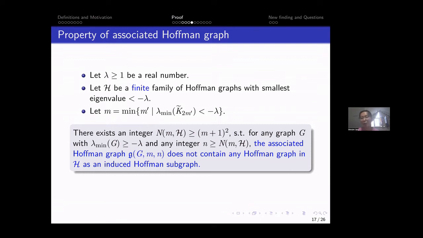This is how we give a relation between Hoffman graphs and graphs. It means that if the graph has smallest eigenvalue at least minus lambda, and if we choose N very, very large, then the associated Hoffman graph is also not allowed to have a Hoffman graph with smallest eigenvalue less than minus lambda as an induced Hoffman subgraph.